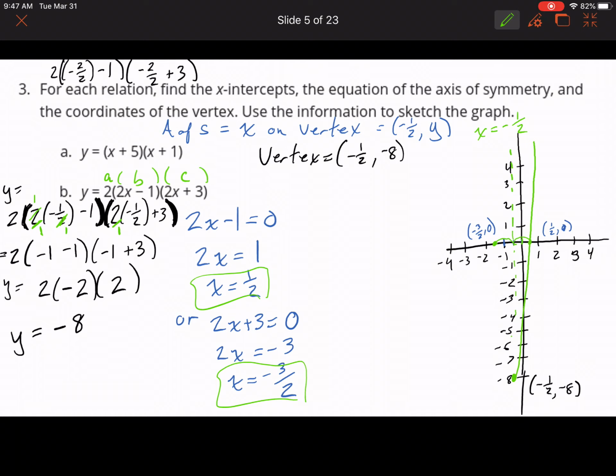So we're going to have a very thin, wide parabola there. Okay, it was the same steps. So we still need to plot our 3 points. We found our x-intercepts, the equation of the axis of symmetry by finding what's in between those two, and the coordinates of the vertex by using the axis of symmetry as our x, and then solving for our y.